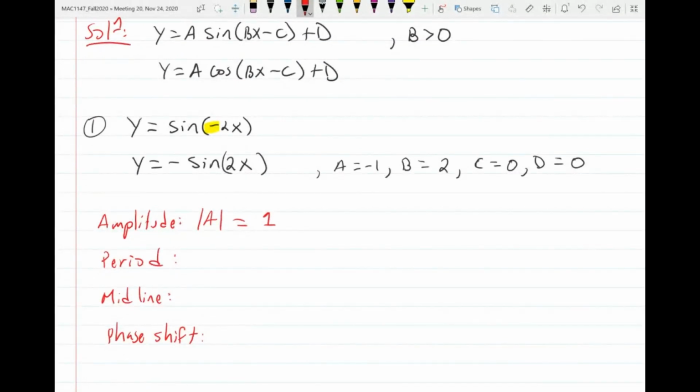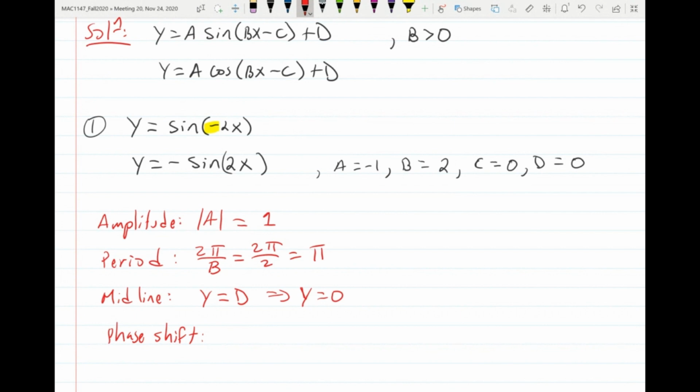So the amplitude is 1. Now, what's the period? Remember, the period is 2 pi over b, right? So in this case, it's going to be 2 pi over 2, which is pi. So the period is pi. What's the midline? The midline is always y equals d, which in this case is y equals 0. So the midline is going to be the x-axis.